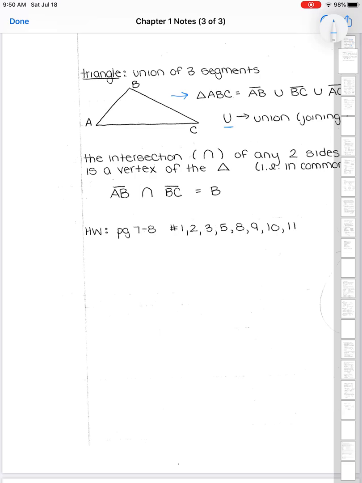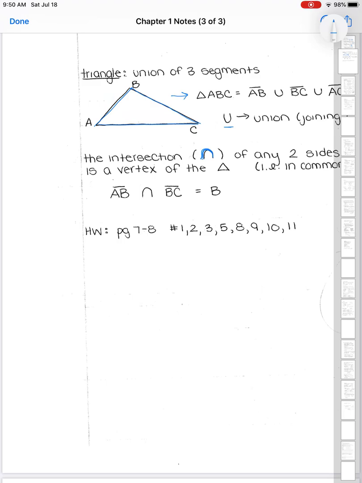It says triangle ABC equals segment AB, U for union, put together with segment BC, U for union, put together with AC. Union means joining together. So you're combining those 3, AB, BC, and AC, and when you put those 3 together, they do form a triangle.